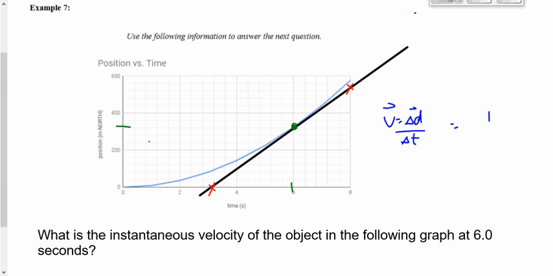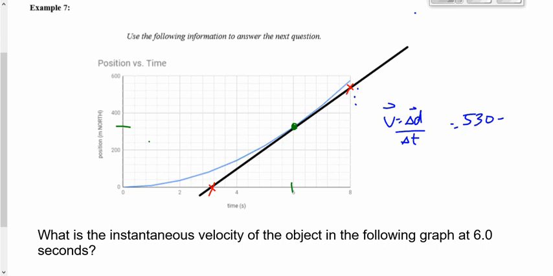We would say, well, my final position, kind of hard to see it from where I am, but looks to be, what, 440, 480, 520, looks to be about 530-ish. But again, if I'm off by a little bit, I'm okay because I picked 2 points that are far apart.